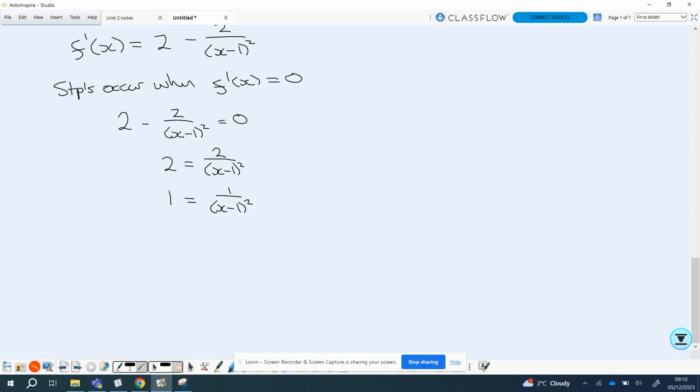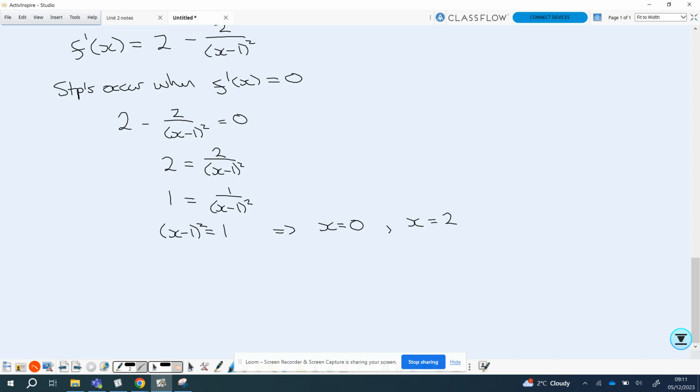And if I multiply both sides by x minus 1 squared, I'm left with that there. Now solving that, if you multiplied out and solved it, just for quickness, a very National 5 level question here, the two values you would get would be x equals 0 and x equals 2.